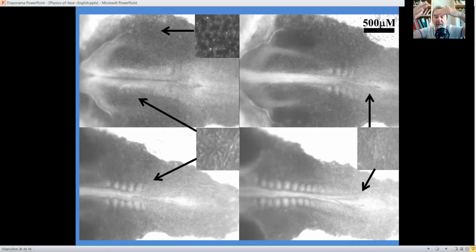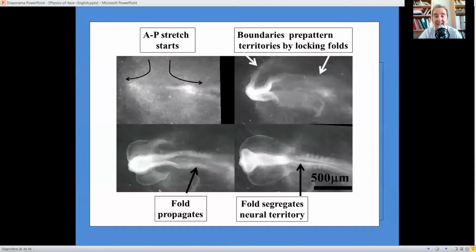The area of bigger cells, the area of medium cells, the area of small cells remain neighbors, but independent neighbors, and the folds occur exactly at the boundaries between these domains. So the boundaries pre-pattern the territories by locking the folds.